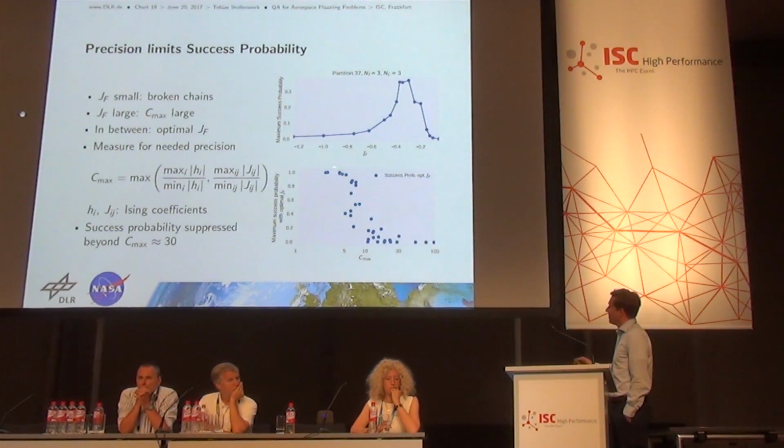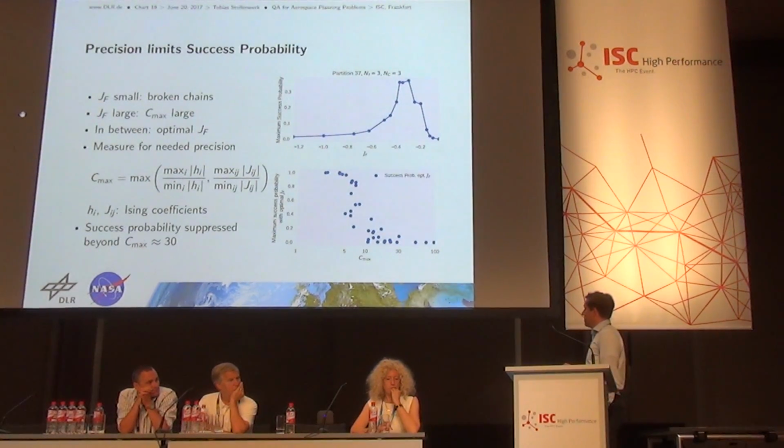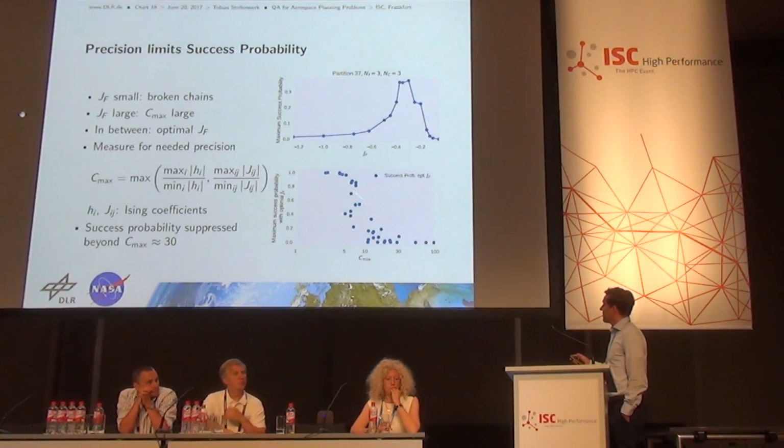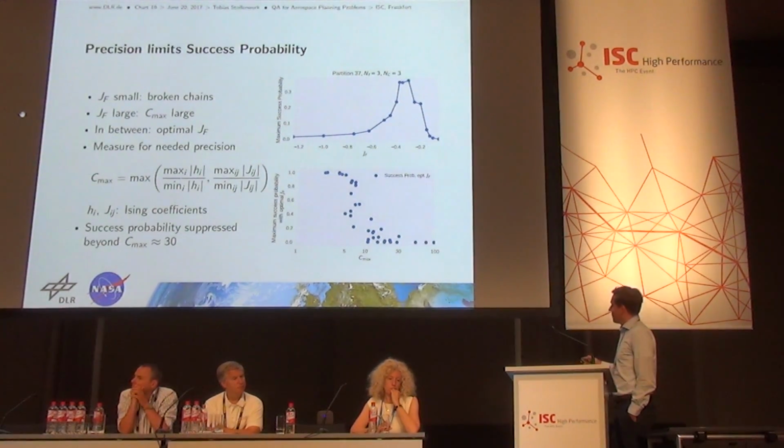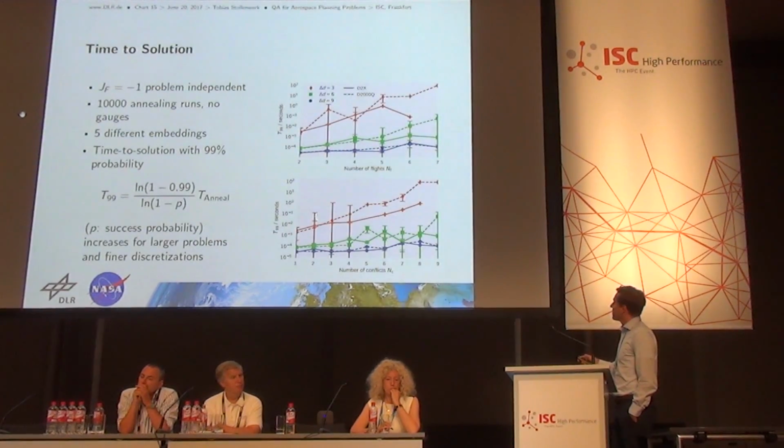And you can see that if the precision needed is about 30, or in other words 1/30, which is roughly the precision of the machine, then the success probability declines here. So this is the reason for the behavior shown in the slide I showed before.